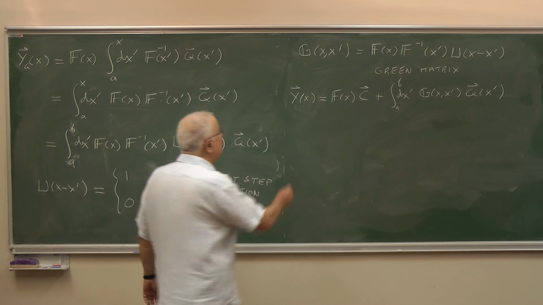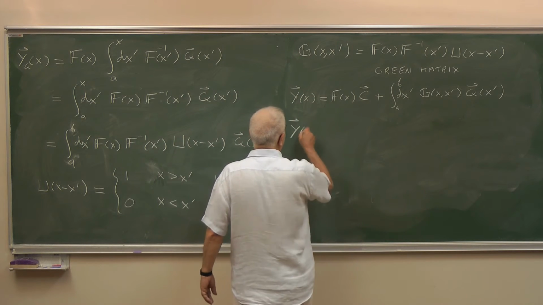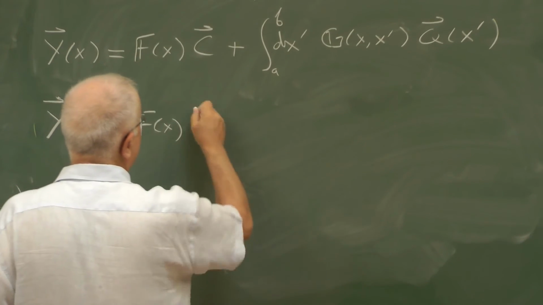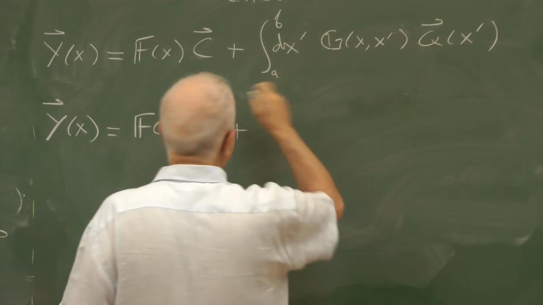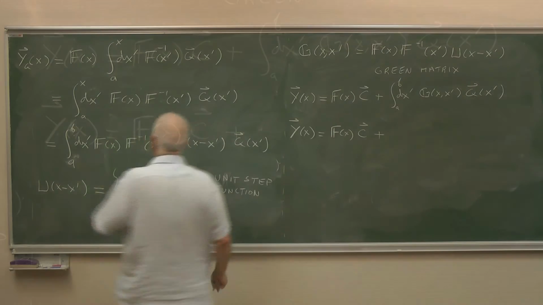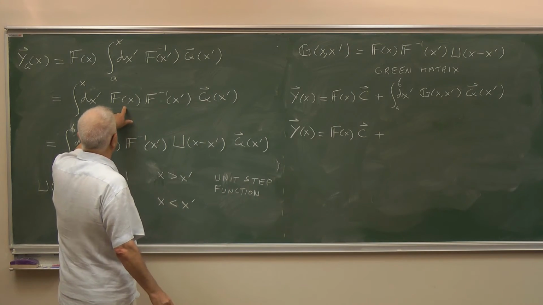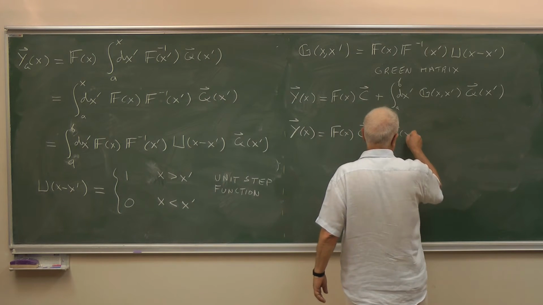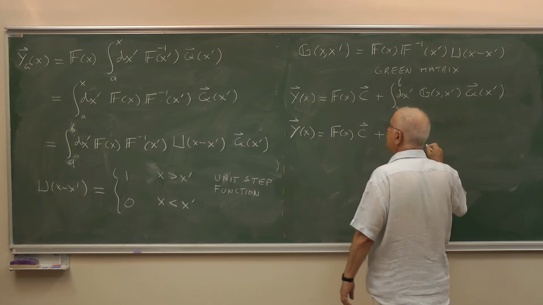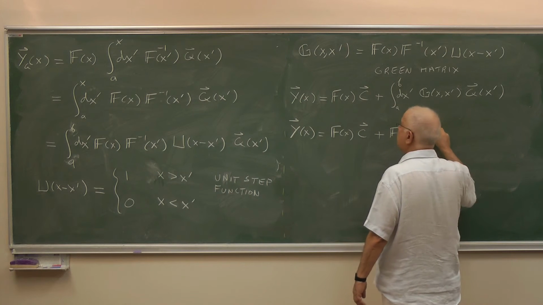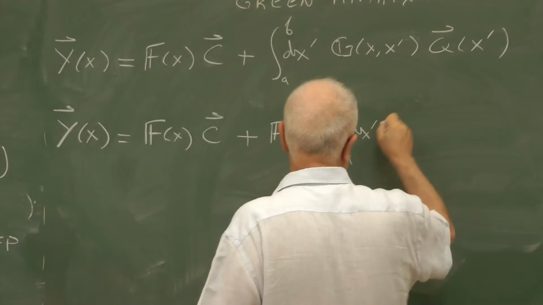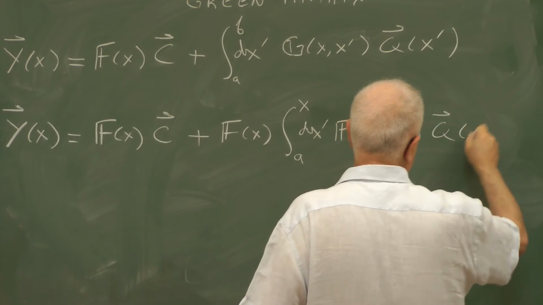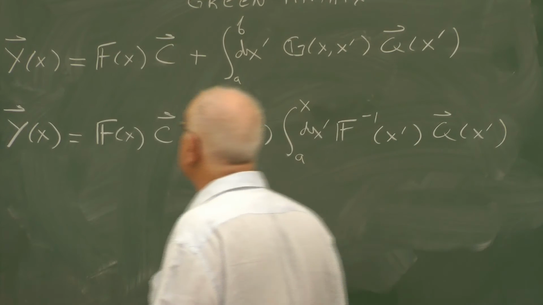So let me do that. y equals fundamental matrix times arbitrary constant plus, of all these forms, I'll use this: F of x integral a to x dx prime F inverse of x prime q of x prime.